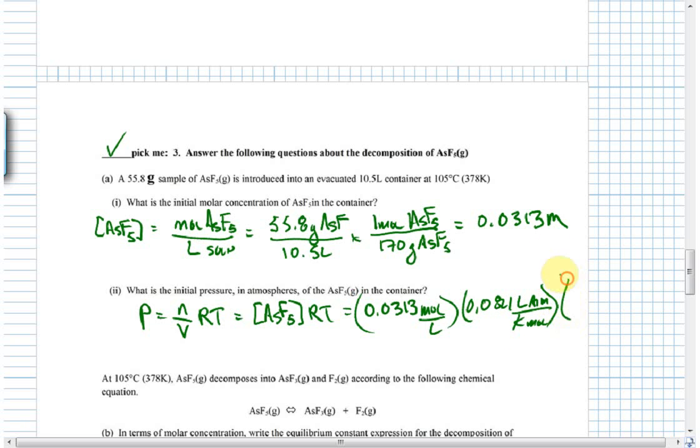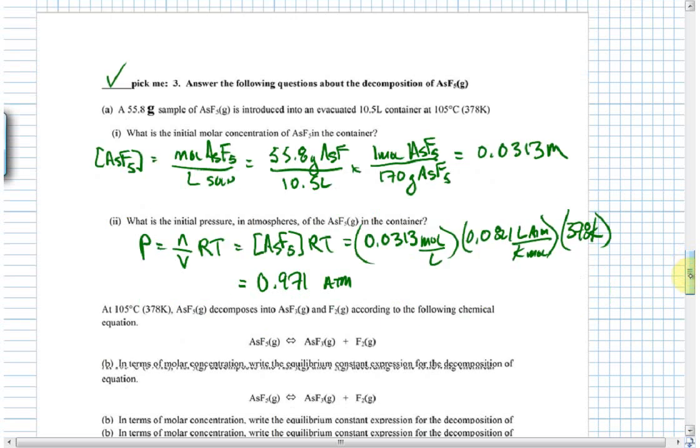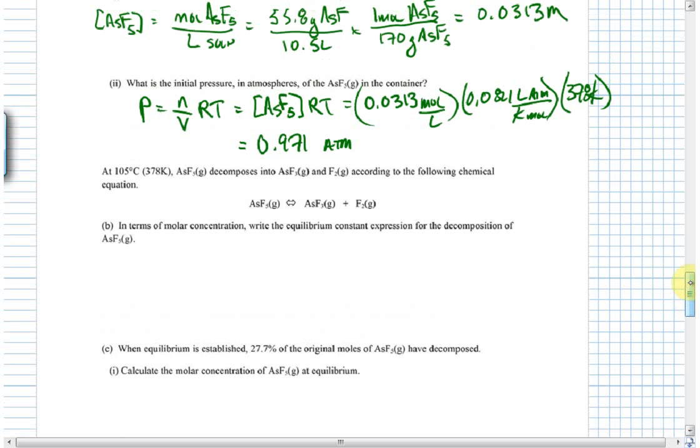And then finally multiply it times the temperature, 378 K. And we can calculate the pressure. And when we do that, we get an initial pressure of 0.971 atmospheres. Okay? Great. So now the arsenic pentafluoride comes to equilibrium with the arsenic trifluoride and fluorine gas.